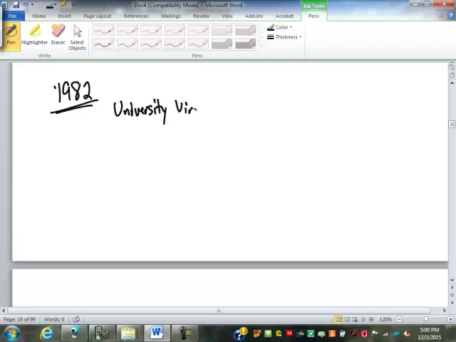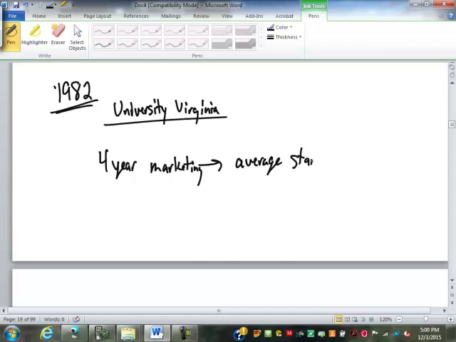The University of Virginia advertised that a graduate from their 4-year marketing program that year had an average starting salary of just under $78,000 per year.